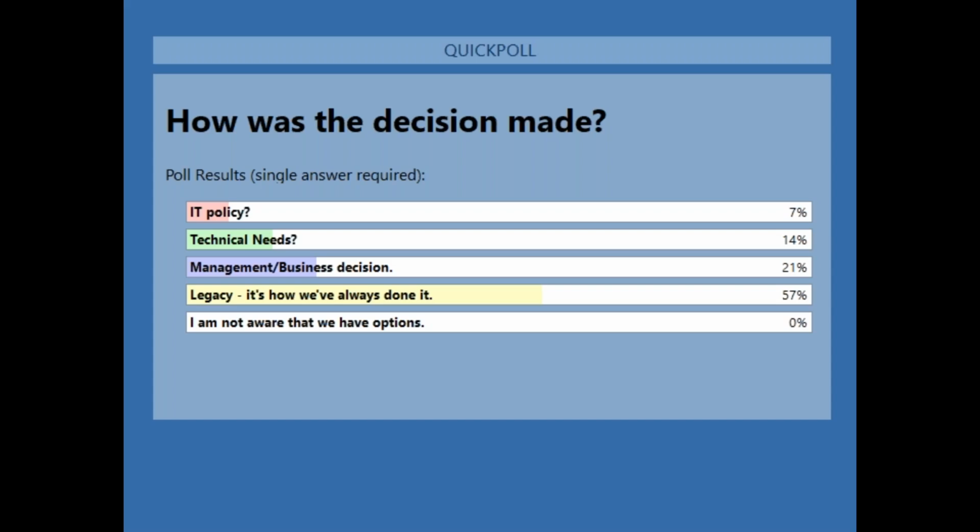So IT policy comes in at 7%. Technical needs, business requirements driving 14% of the decisions. And then the idea of, we'll just call it executive decision as to which way you want to go, 21%. And not surprisingly, 57% coming in with legacy.